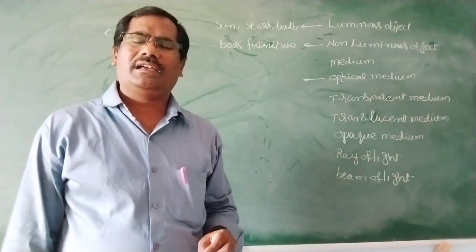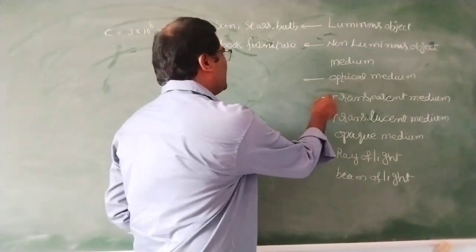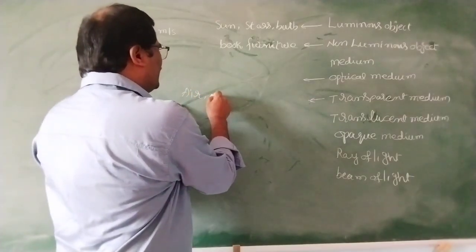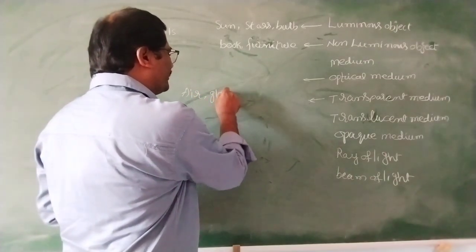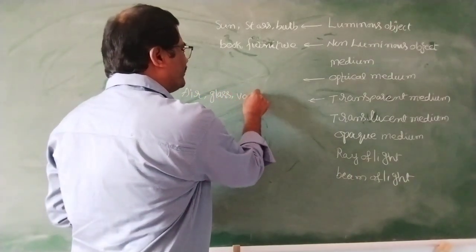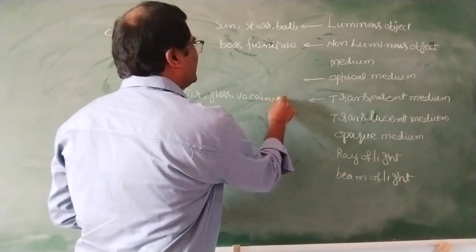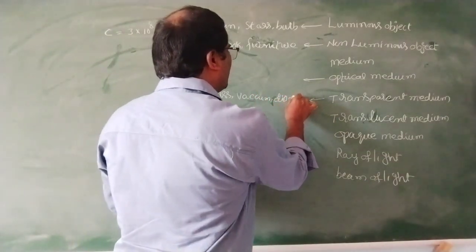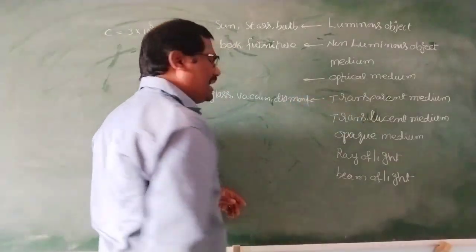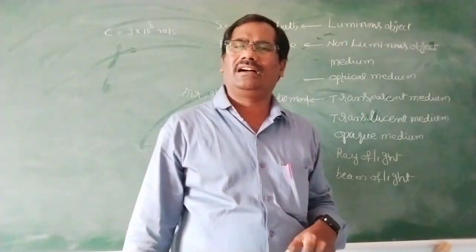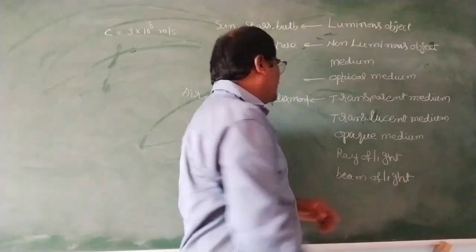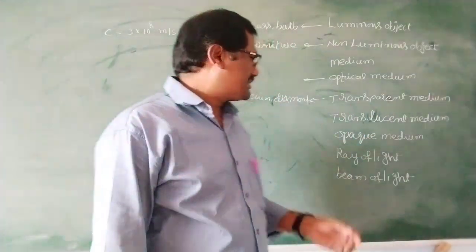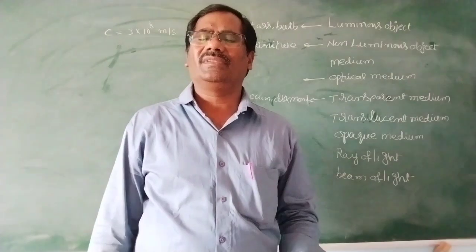What are the examples of transparent media? Air, glass, vacuum, and diamond. These are all transparent media.